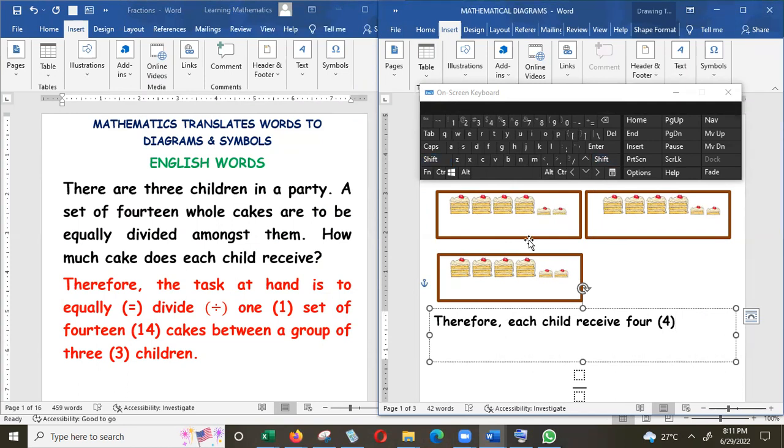Each child received 4 whole cakes and 2 thirds. Okay, and the symbol for 2 thirds is 2/3.